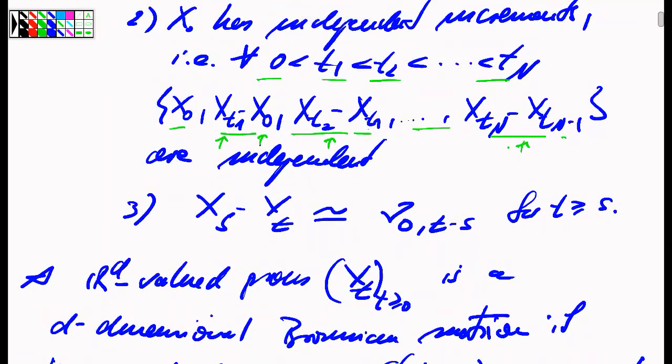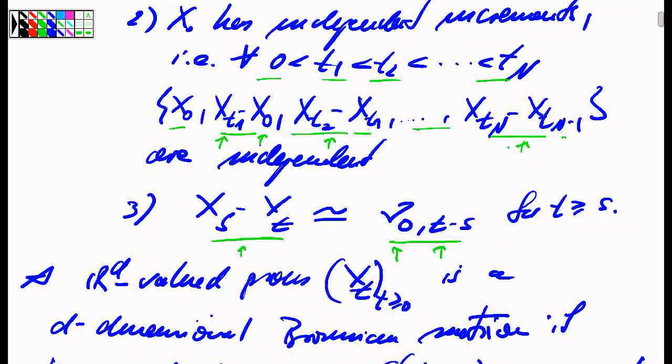And finally, we want that each of those individual increments has a specific distribution, namely it's a normally distributed random variable with mean value 0 and variance equal to the size of the time interval on which you observe this displacement or this increment.